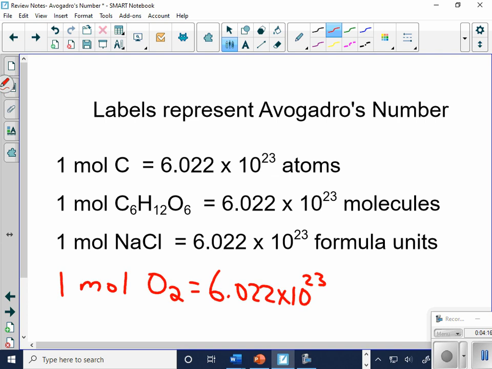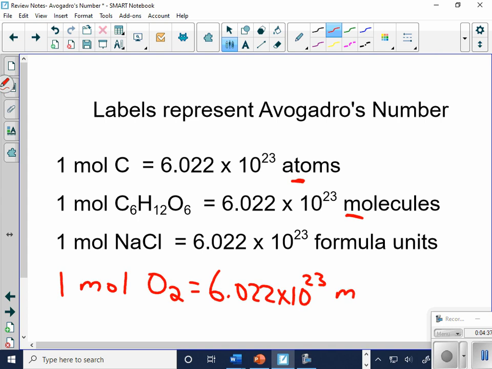Absolutely. If you remember, O2 is a double bond. So we've double bonded 2 oxygens together. So how would you classify it? Would you classify it as an atom? No. Would you classify it as a molecule? Absolutely.